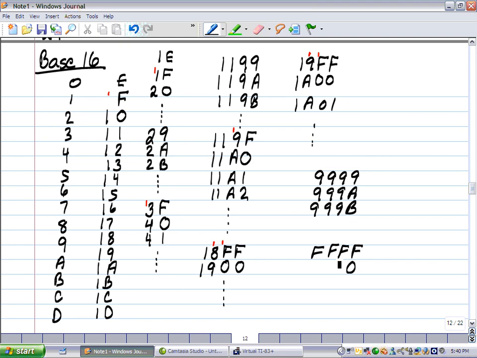That's right, 0, carry 1, 0, carry 1, 0, carry 1, and finally I would get to a 1. Okay. So that's how you count in the different number bases. In the next 2 segments, we'll look at how to convert number bases in a different base to base 10, and those in base 10 to different number bases.